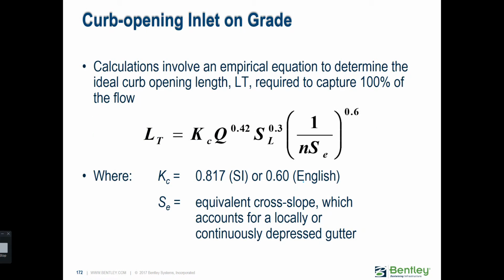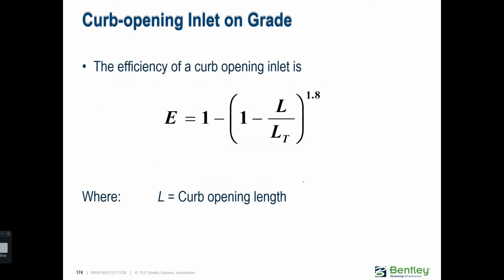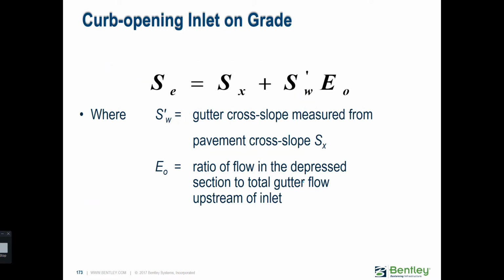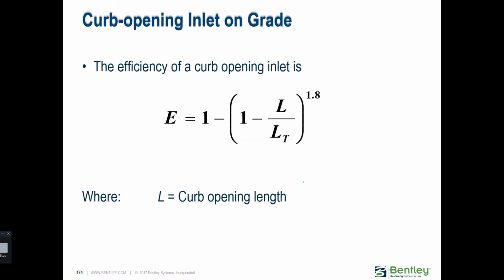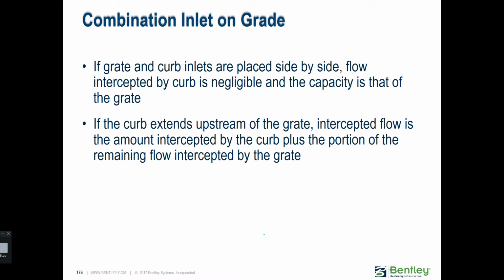Here are all the equations that we use. And here's how we calculate the gutter cross slope. The efficiency here is calculated depending on the opening and the length of that gutter. Here are some efficiencies, basically the same equation we just looked at, depending on the length of that curb.